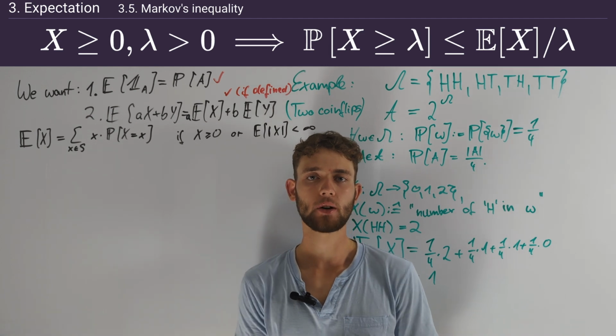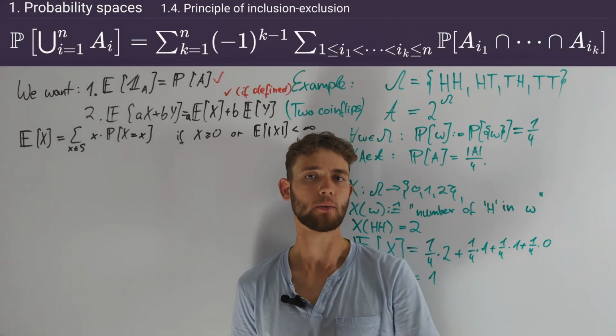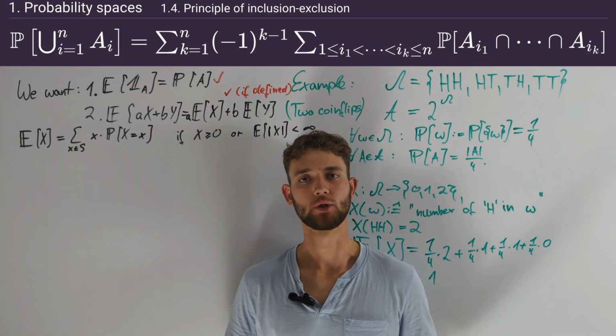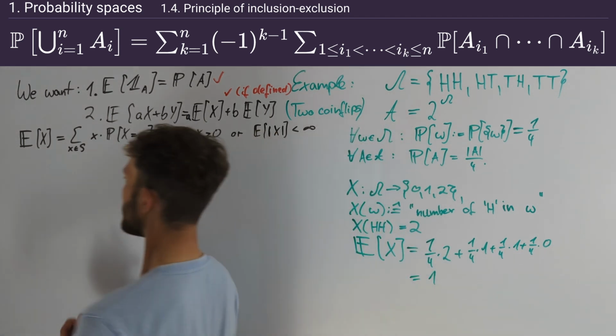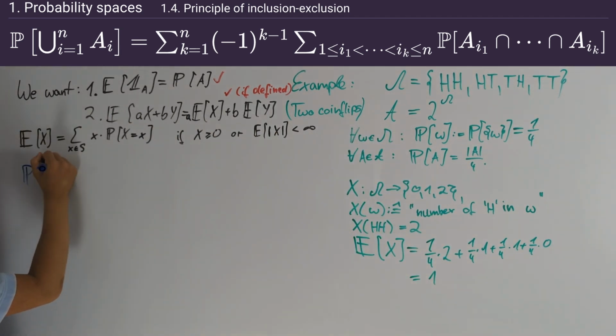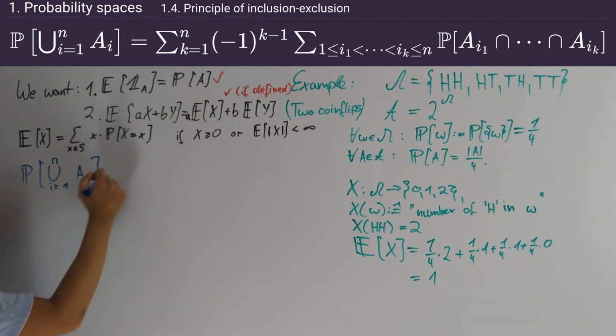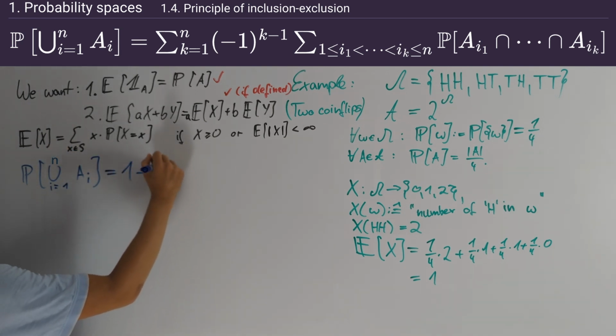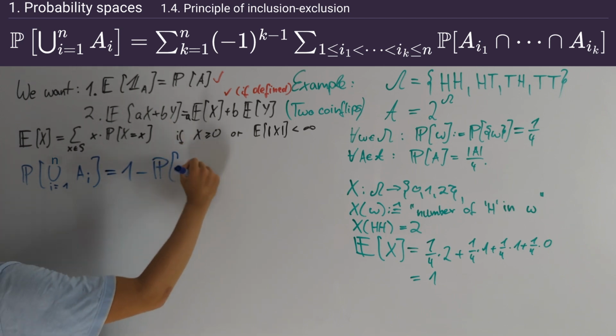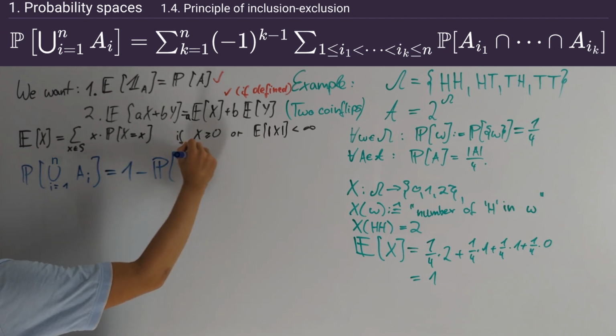As promised, I'm now going to return to the end of chapter 1 to prove the principle of inclusion-exclusion. To evaluate the probability of the union of the A_i, we notice that this is just the complement of the intersection of the complements of the A_i.